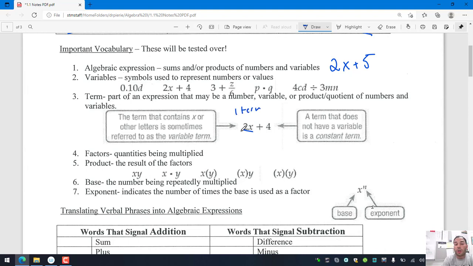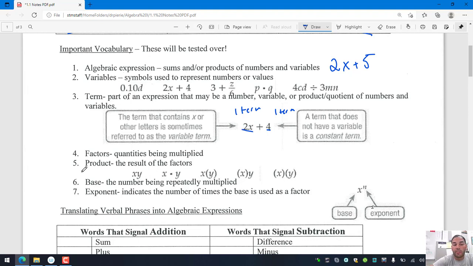Terms are always separated by either addition or subtraction signs. So 2x is one term, and another term in this expression is just the number 4. What we see right here is a two-term algebraic expression. 2x is the first term, the number 4 is the second term.